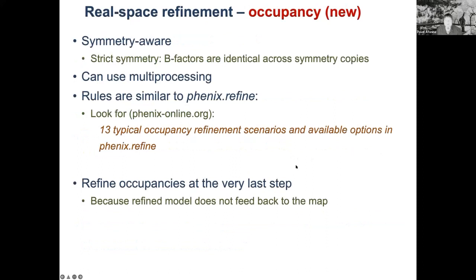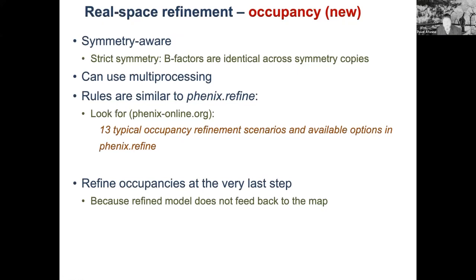Next, also new is occupancy refinement in real space. We added it several months ago. Like B-factor refinement, it is totally symmetry aware. You can use multiprocessing as well. When it comes to occupancy refinement, it's quite complicated because there are many scenarios that can happen.